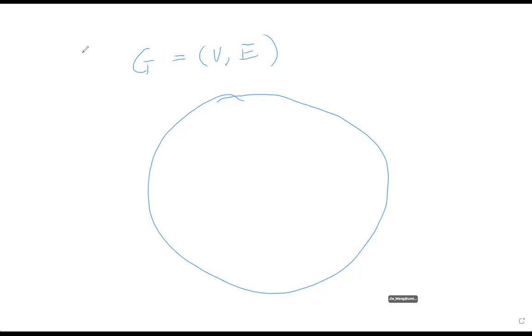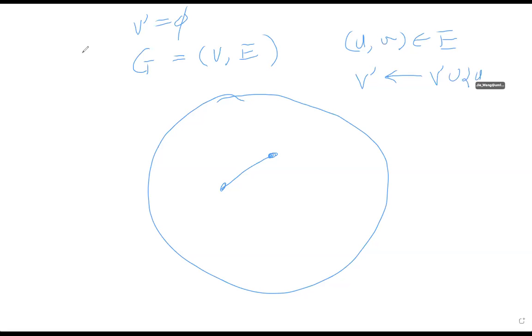I pick any edge, select any edge (U, V) in E. Then I will place my U and V into my subset V prime. Initially V prime is empty, so we can place U and V in it.